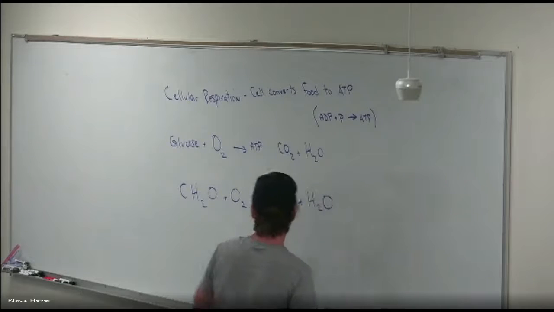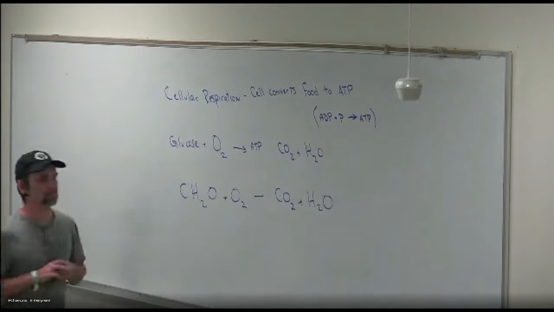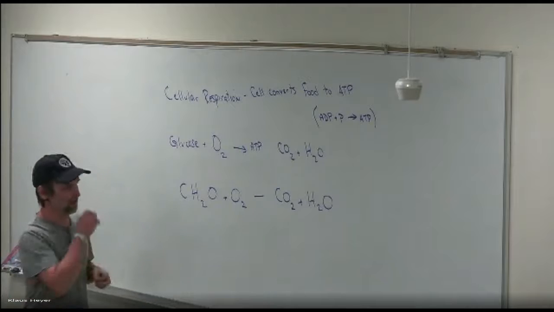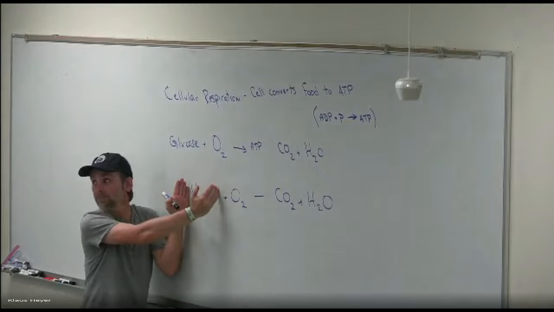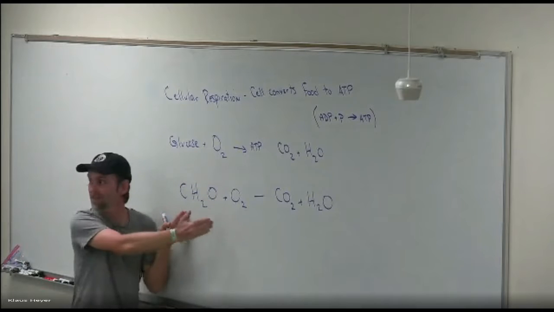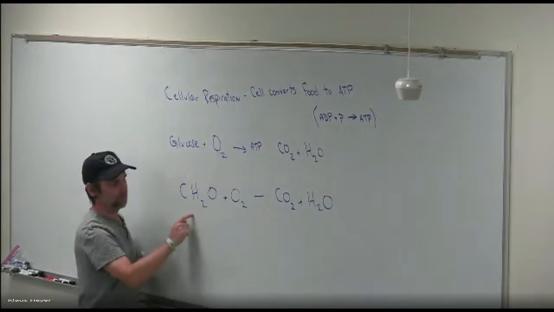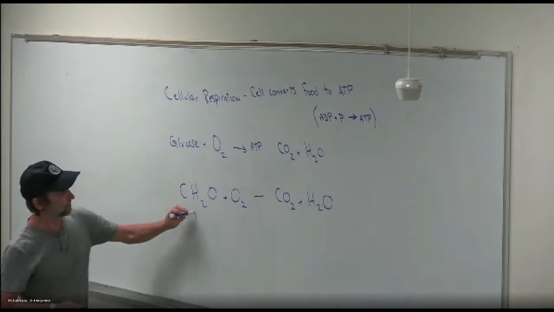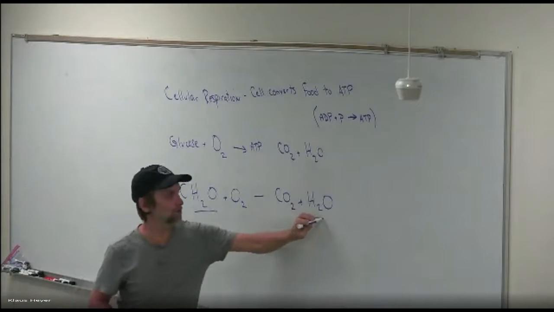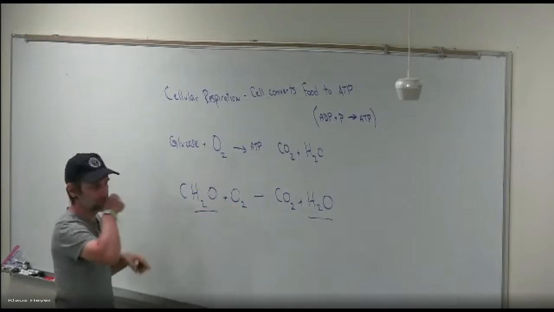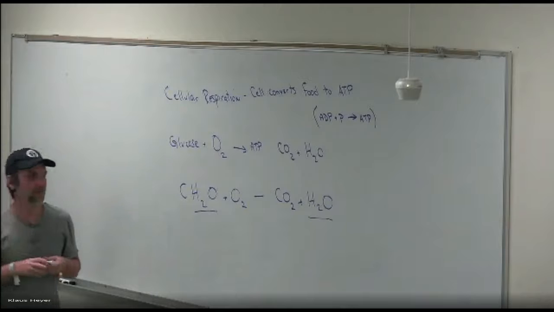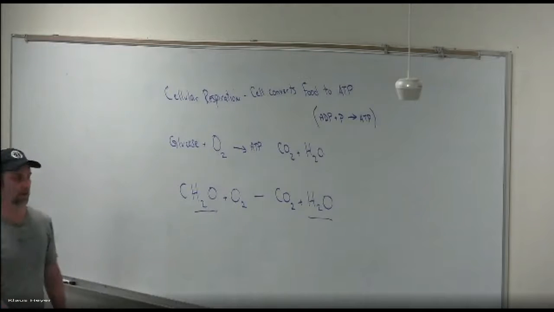Now, if you look at this, it's balanced. There's the H2O right here between my hands. Oh, you can't see it. So there's the H2O, and there's the H2O, and then there's CO2. Just kind of balanced.